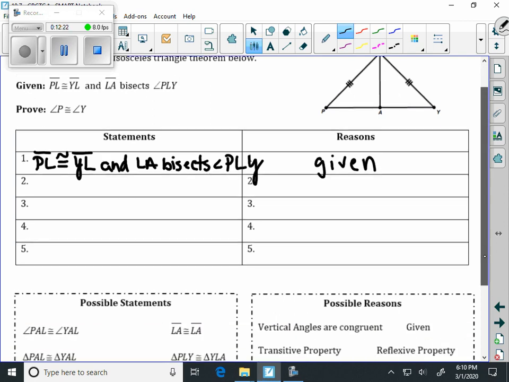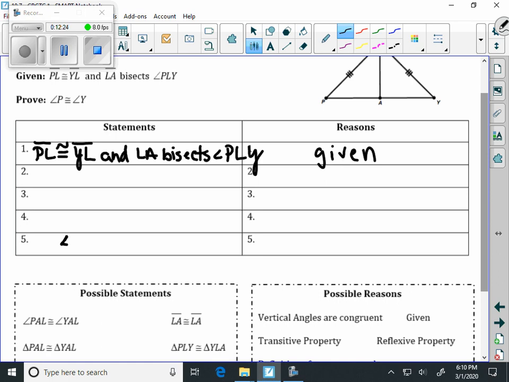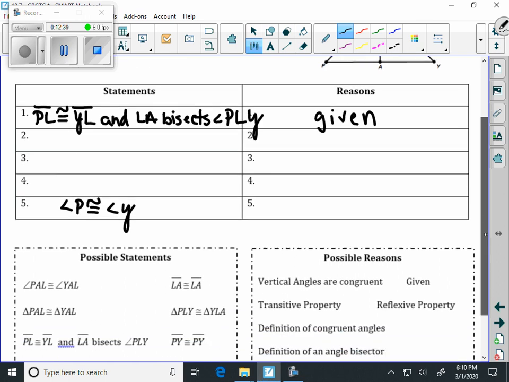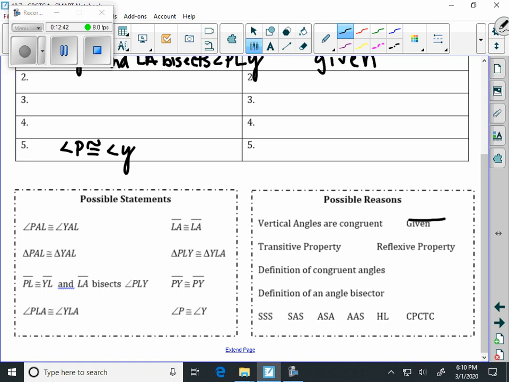We also know that we want to prove angle P is congruent to angle Y. And I want to be a little bit more careful here while making the video to watch my statements and reasons. So let's go down and see if we can mark anything off. Given, we can mark that one off.